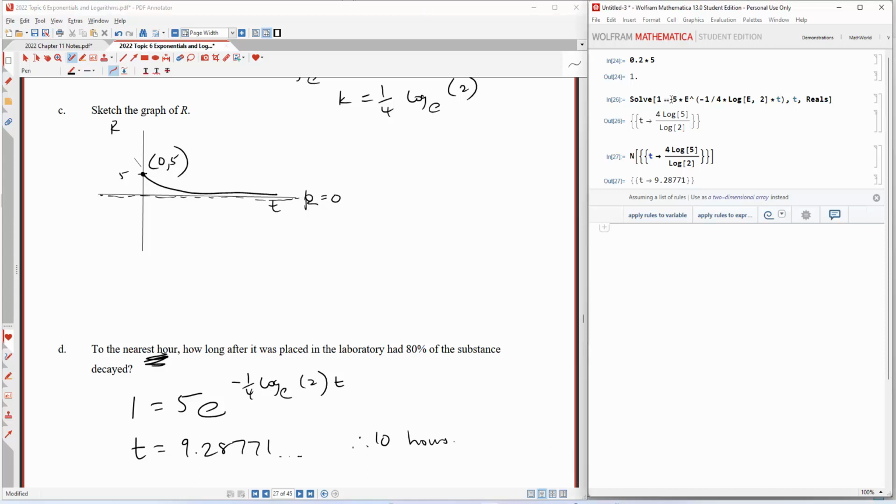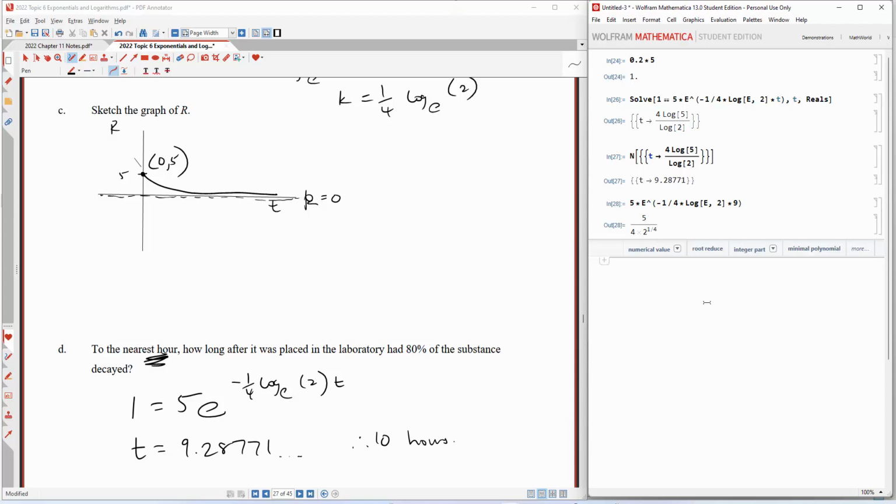I might actually show you that with Mathematica. So I'm going to grab this part here, Control C, Control V, and I'm going to put 9 in and calculate that. Give us a numerical.